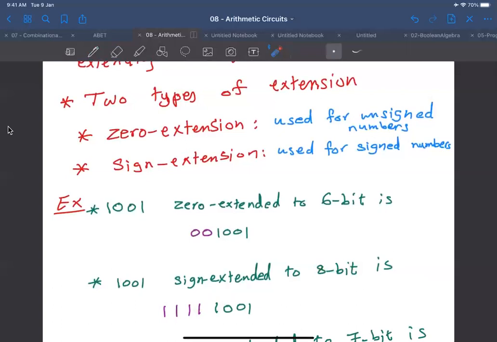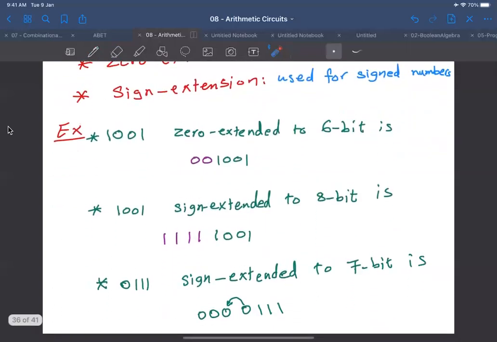Here is another example. We would like to sign extend this number to 7-bit now. So we write the number itself and then replicate the sign bit, which is 0 in this case, 3 times. Why 3 times? Because the total number of bits becomes 7 as requested. Any question about this?